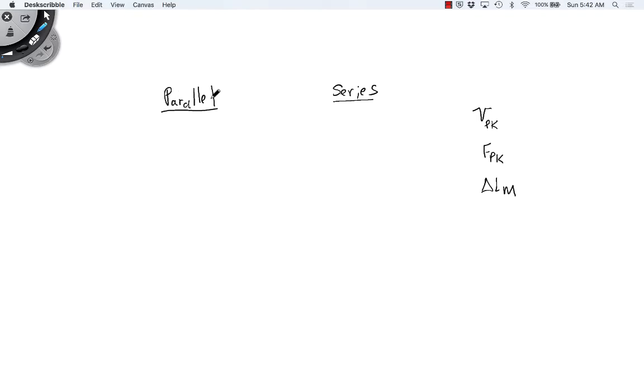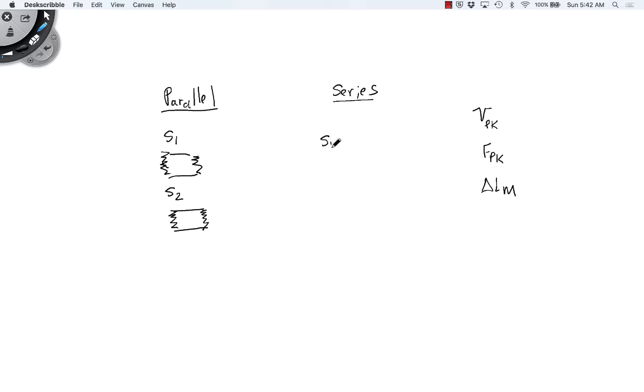So if we have two sarcomeres in parallel, what does that mean exactly? Let's have sarcomere 1, a Z-band here, another Z-band here. Then we have sarcomere 2 that we're going to put next to it, and we're going to say this is our parallel arrangement. Let's contrast that with taking these two sarcomeres and putting them in series.